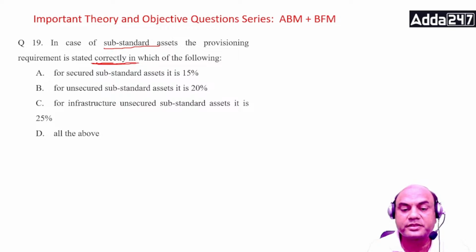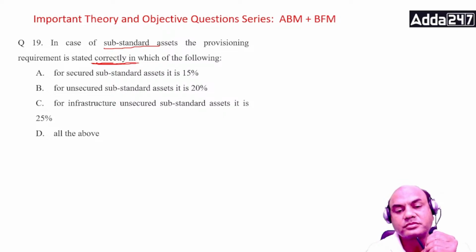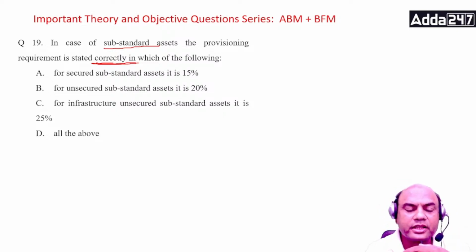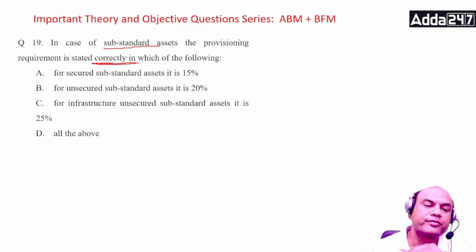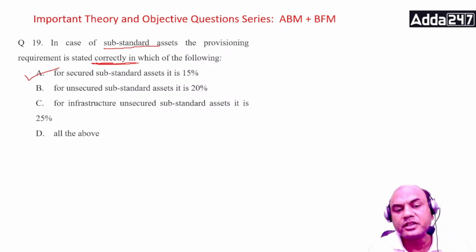So the answer is, just now I had given you the classification, right? Some time back only, in the same lecture. The answer is, for substandard assets, it is 15%. So what is the provisioning?